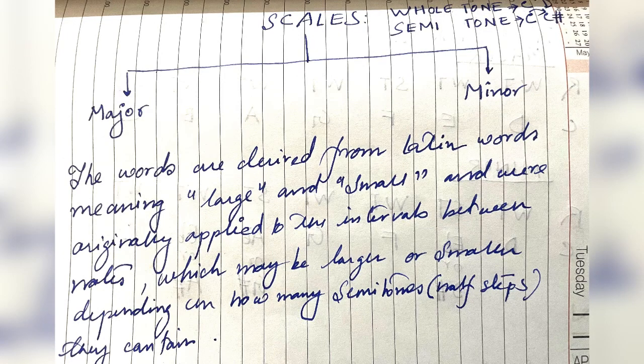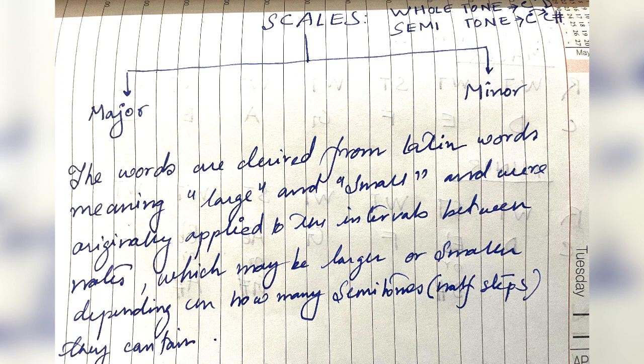Now, scales are broadly categorized as major and minor. Why major and minor? Of course, that thing comes to your mind. The words are derived from Latin words meaning large or small, and were originally applied to the intervals between the notes.